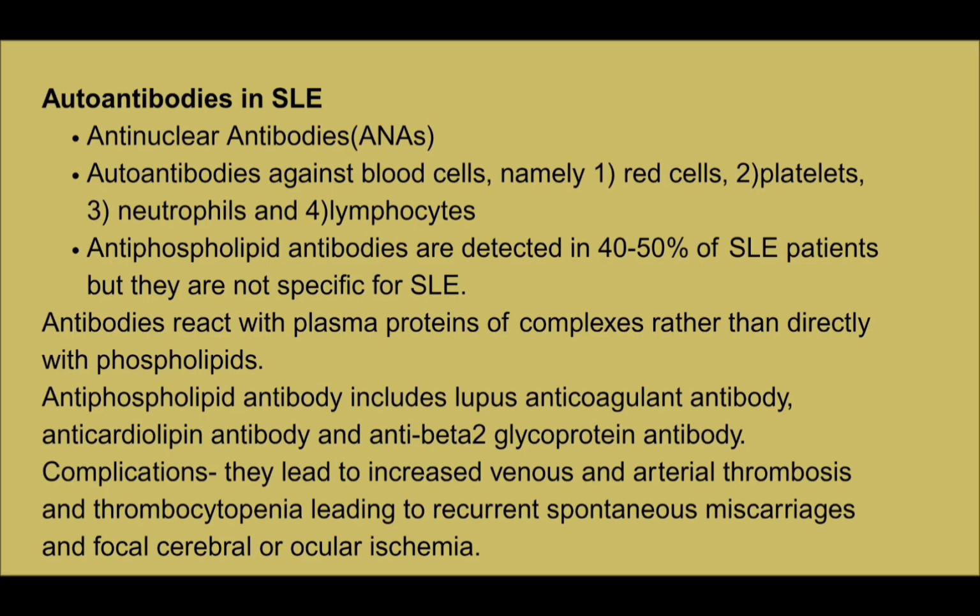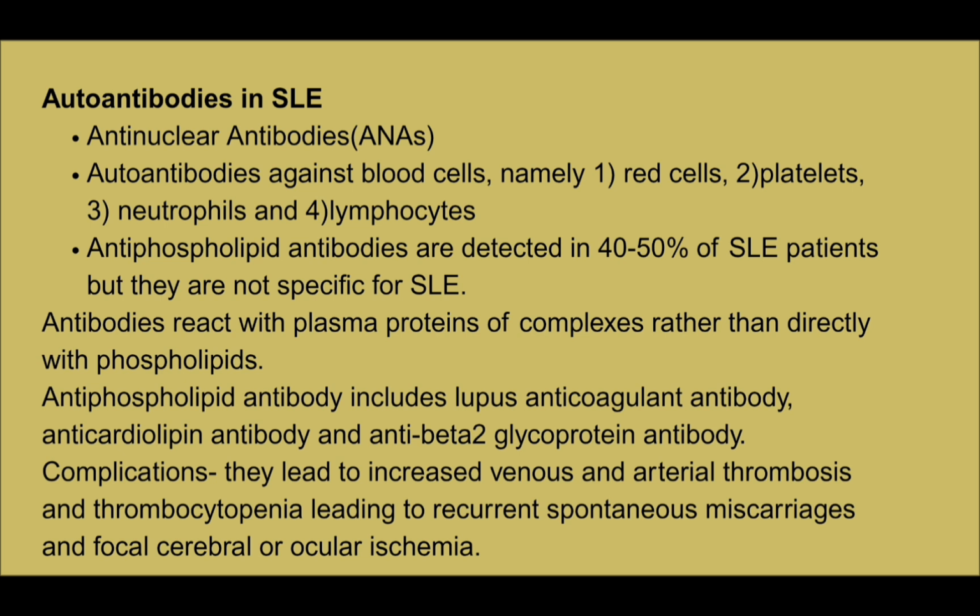Antibodies react with plasma proteins of the complexes rather than directly with the phospholipids. Antiphospholipid antibody includes lupus anticoagulant antibody, anticardiolipin antibody and anti-beta-2-glycoprotein antibody. Complications: they lead to venous and arterial thrombosis and thrombocytopenia, which lead to recurrent spontaneous miscarriages and focal cerebral or ocular ischemia.